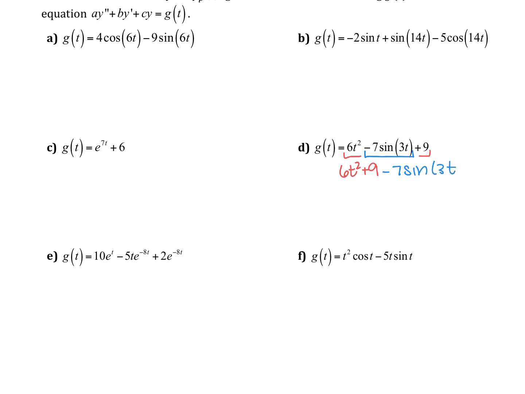So when we're dealing with problems like this, if we were to guess at a particular solution here, my first guess would include the entire polynomial, which would be at squared plus bt plus c. And my next guess would include a cosine 3t plus b sine 3t.